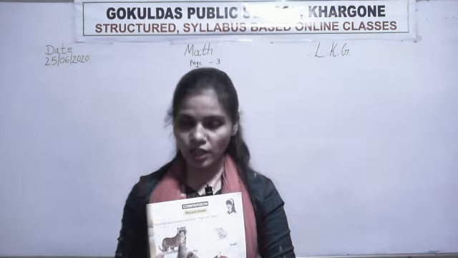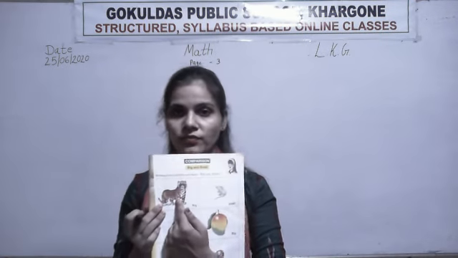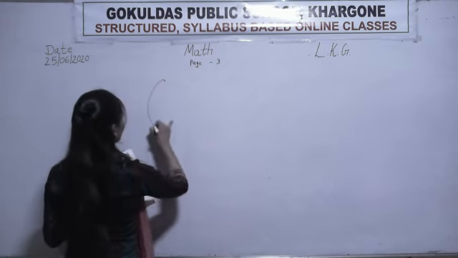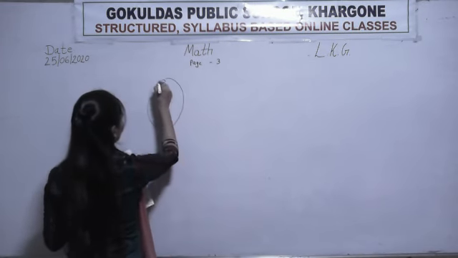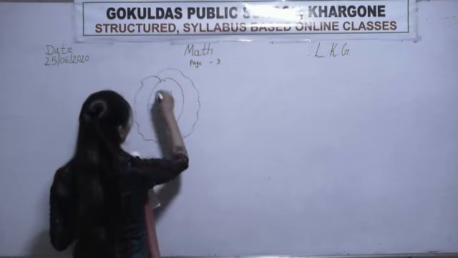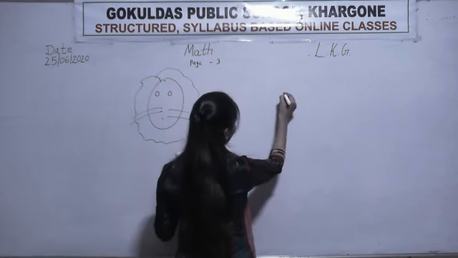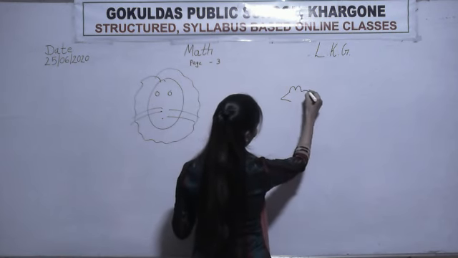Okay, first the picture of a lion. Make a picture of a lion here, the big one. Okay, now the picture of a rat.